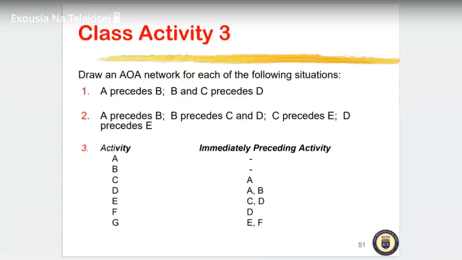A precedes B, so B should follow A. I'll put B here, and event three. B precedes C, so I'll put four here, and C here. C precedes D, so just like that, 5 here and then D. Please, I hope you got it.